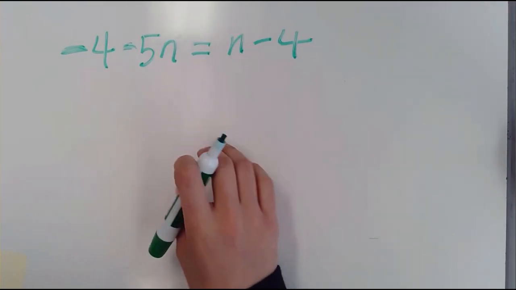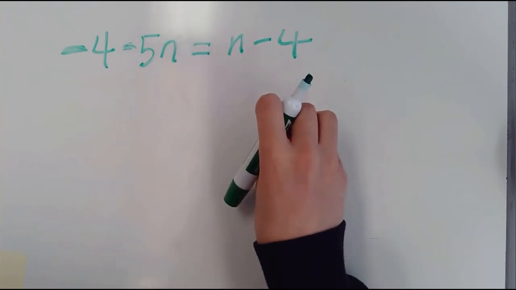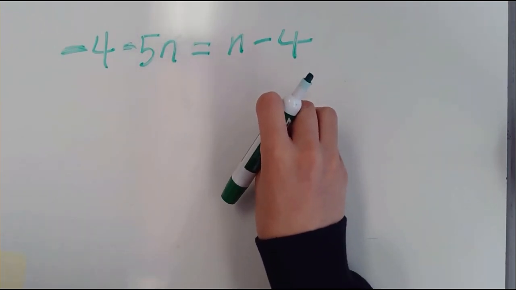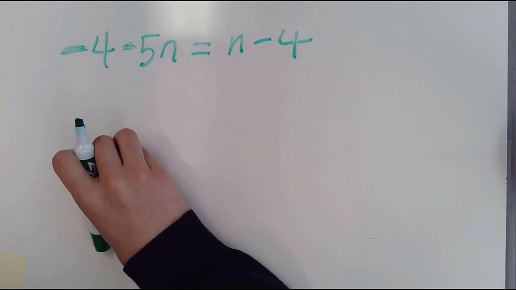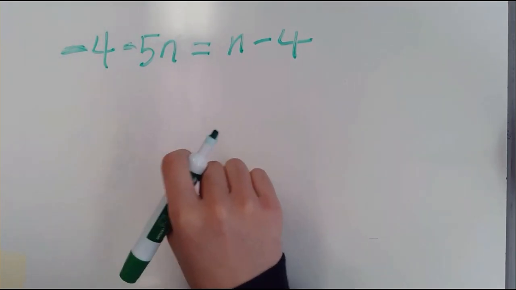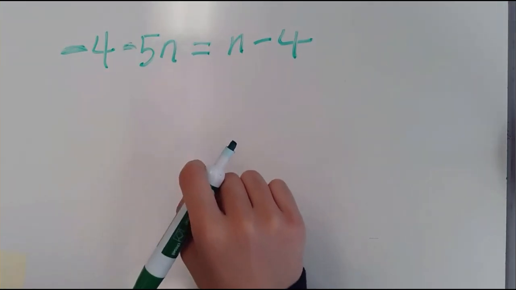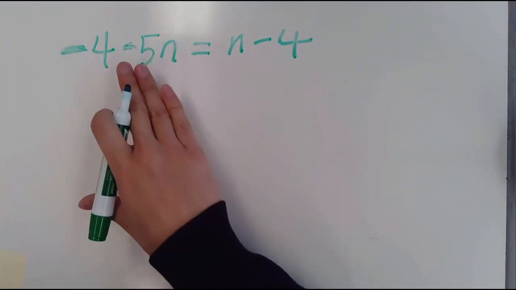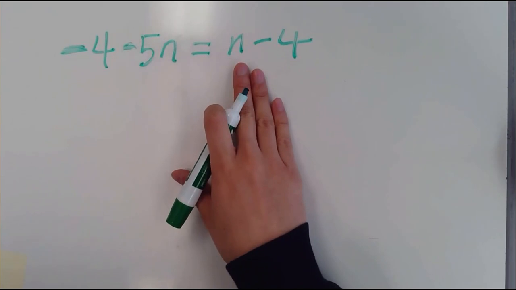So keep in mind, our goal is to have only n's on the one side and only the numbers on the other side. And over here, the first step is to choose which side I'm going to have the variables. And over here, I have minus 5n, and on the right side, I have n.